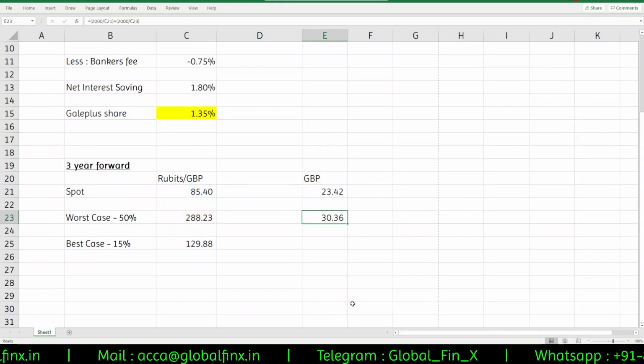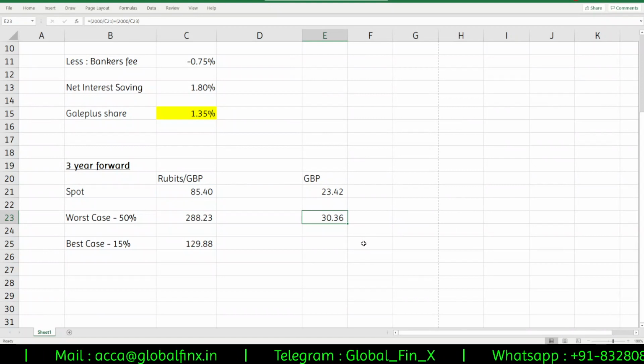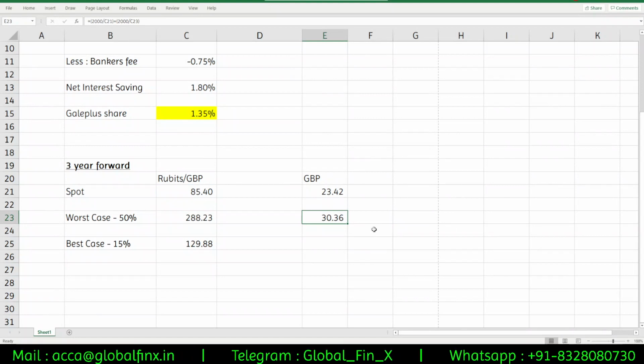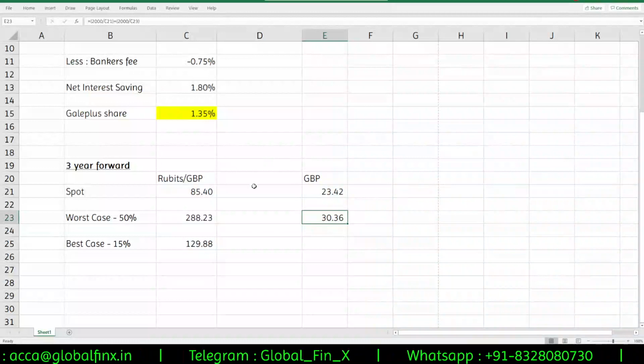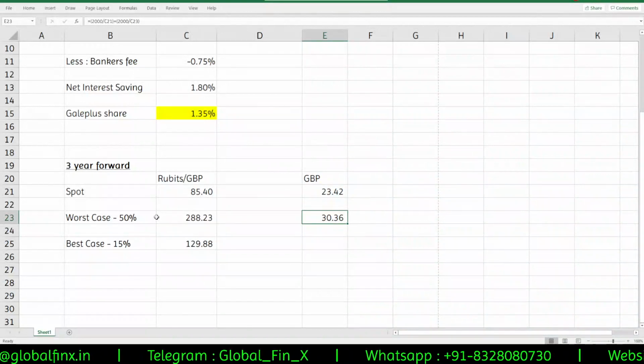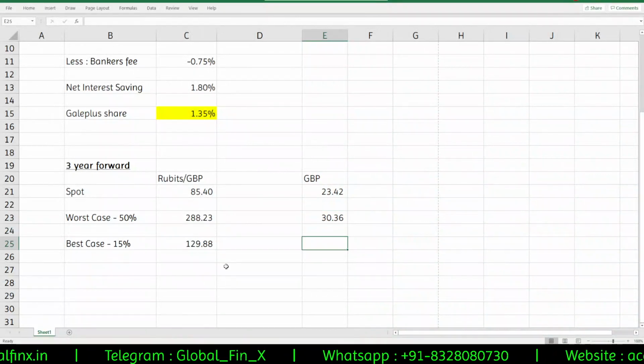Even though technically 2000 million is now becoming 4000 million and we should get double, we are going to get lesser because of the bad forward rate. That is something you need to understand.